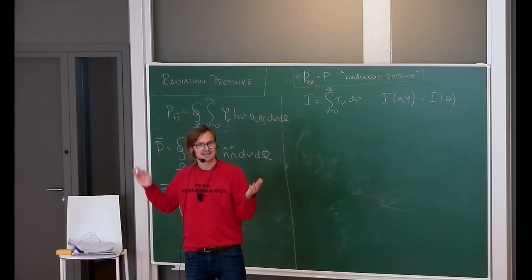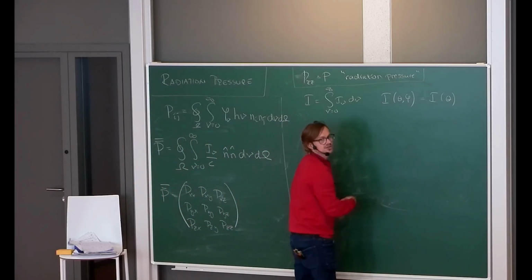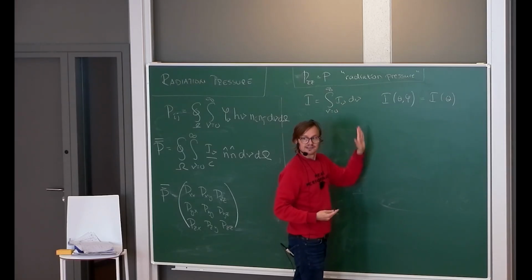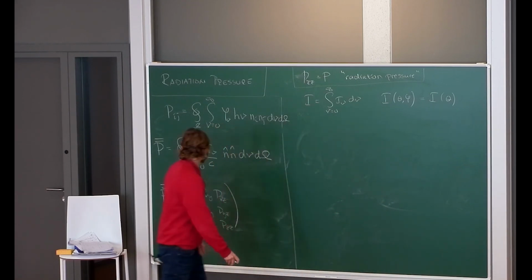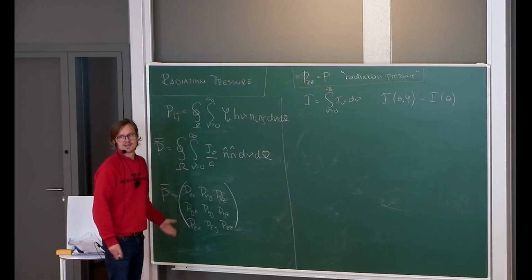Go back to your class last week if you don't remember this from the radiative flux. That's how we could identify that in these situations, the flux in these directions indeed cancel each other. They were 0. We were left with only a net flux in that direction. So now we're going to see what this does with the radiation pressure tensor.